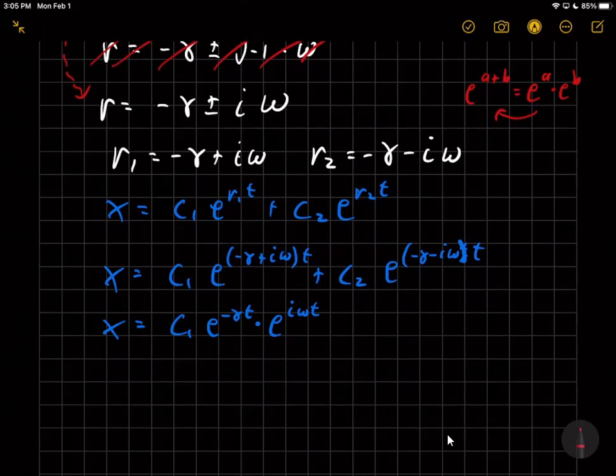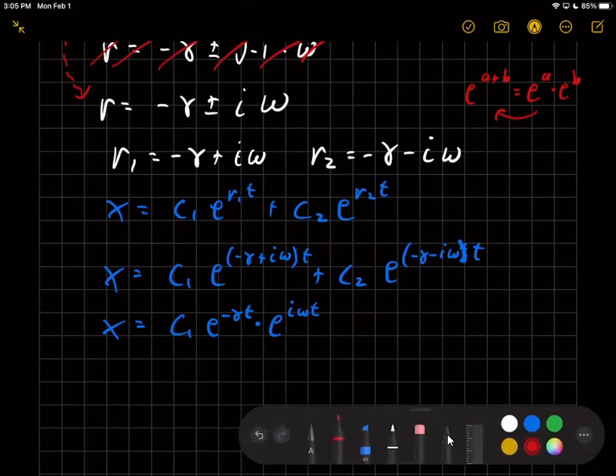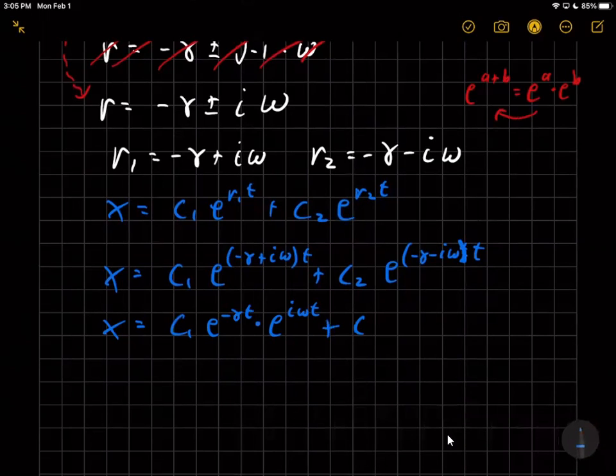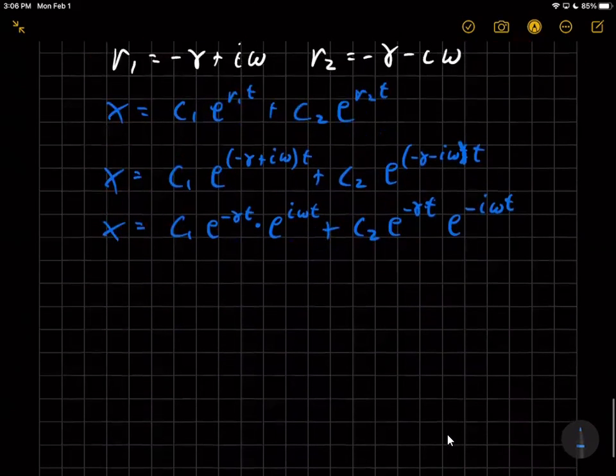So we can do the same thing with the second one, and we can make this into two factors, e to the negative gamma t and e to the negative i omega t. If you were to add those exponents, you would get back to what you had in the line before. Now that's good because we have the e to the negative gamma t, which can be drawn out.